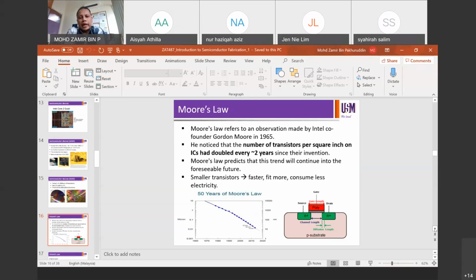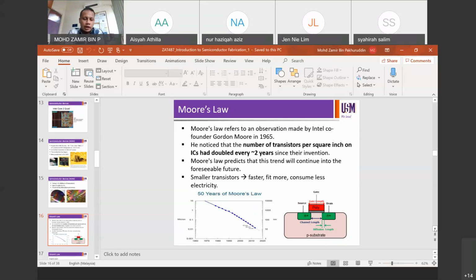He noticed that the number of transistors per square inch on integrated circuits usually doubles every 2 years since the invention. That means every 2 years you will see a doubling of transistors packed onto the same area of the chip, right? And Gordon Moore predicted that this trend will continue into the future.